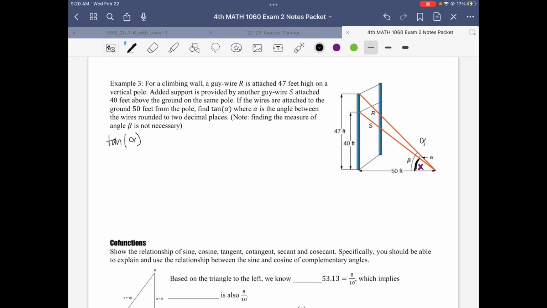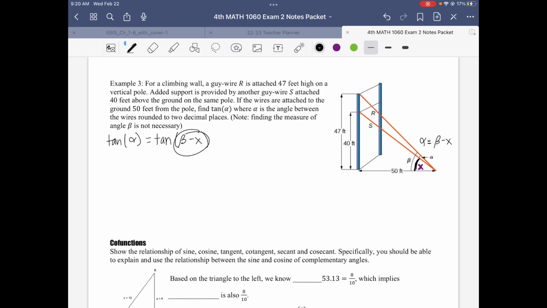So what we do is we define alpha to be a little bit more specific. Now alpha is beta minus this x value. So I'm going to call it beta minus x, because that's what alpha would be. So then instead of asking for the tangent of alpha, really they're asking for the tangent of beta minus x.